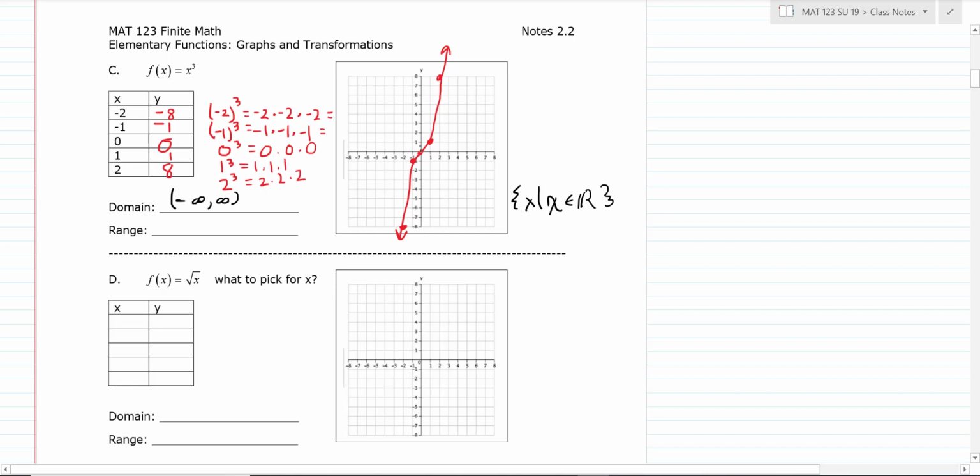Y can be 0, it can be positive, it can be negative. So it ranges through every real number. So with this, we say interval negative infinity to infinity. Set builder, we say set of y, y is a real number. Okay, so you can write it like that. Okay, next one.